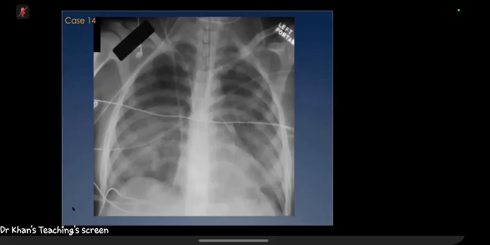It's quite typical of atypical bacterial infection. There could be very different differentials. So atypical or viral infections. Again there is a soft tissue nodularity with probably some air crescent sign.